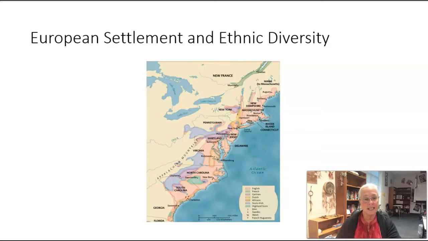Your colonial cities are also going to start to grow. Places like Philadelphia, New York, Boston are going to grow as huge trade centers. Artisans are going to find markets for their goods, and so there's going to be a lot of consumer goods that are also going to be made over here.